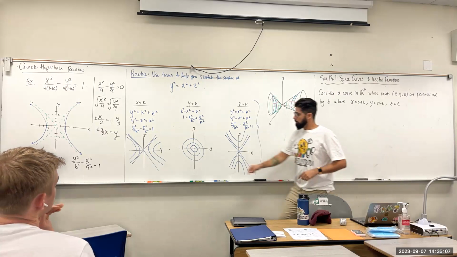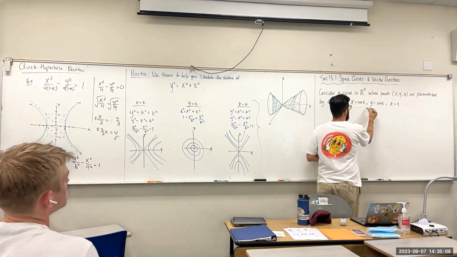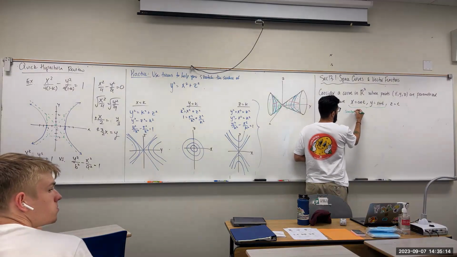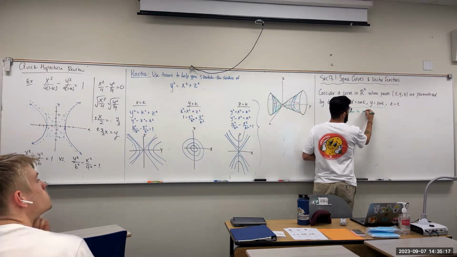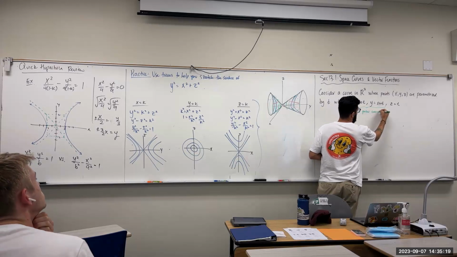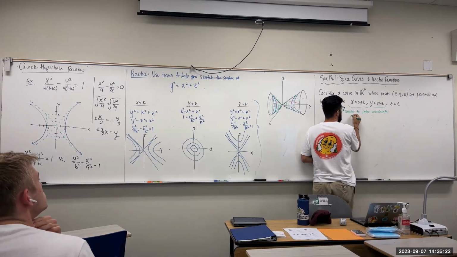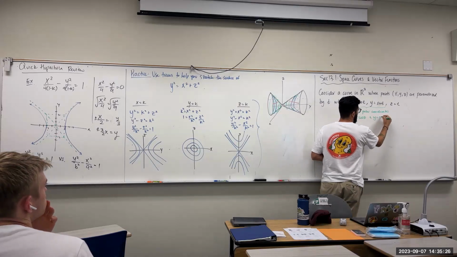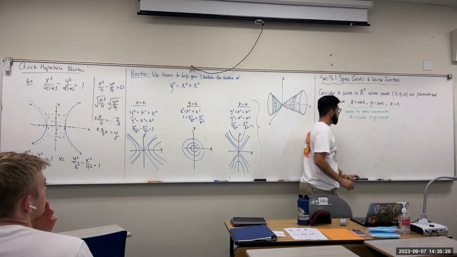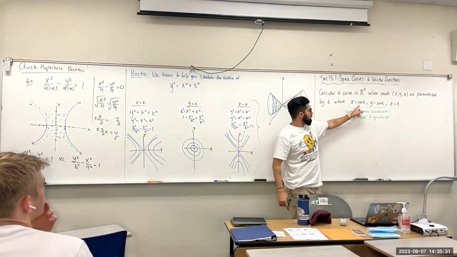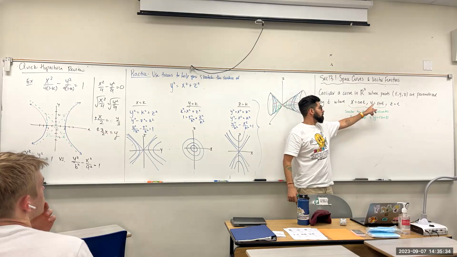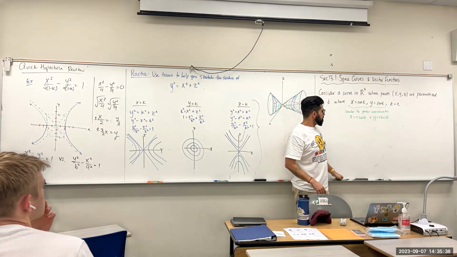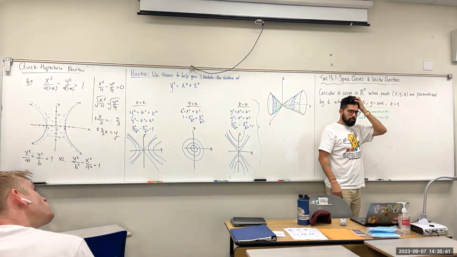Remember that happened because of what you learned about polar coordinates, where x was given by r cosine theta and y was given by r sine theta. So what's the radius of the circle it's parameterizing on the xy plane? 1. But then we got this t business going on.